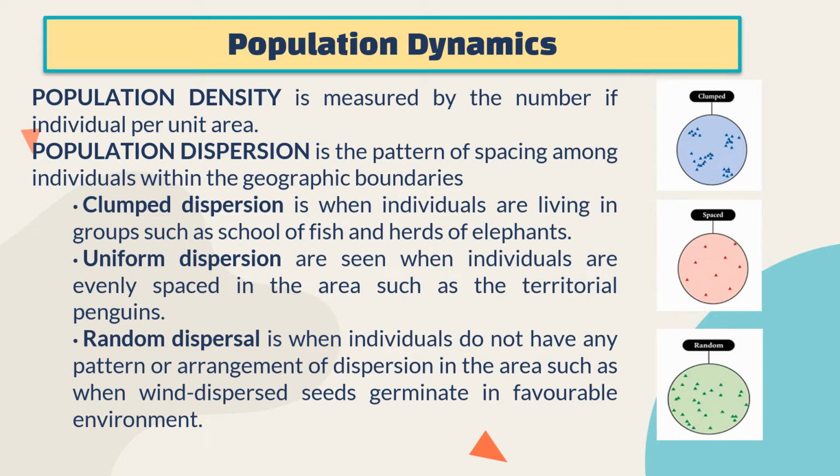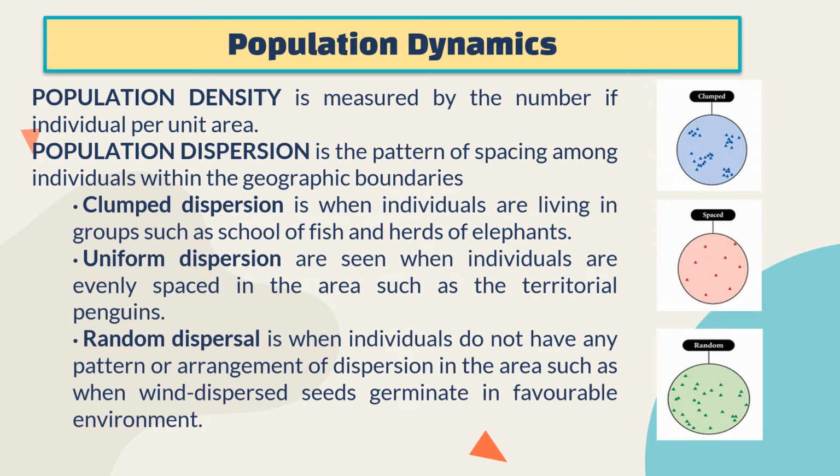We have here two population dynamics. The first is density, which is measured by the number of individuals per unit area. So, gaano karami o gaano kalaki dapat ang sakop ng bawat isa.